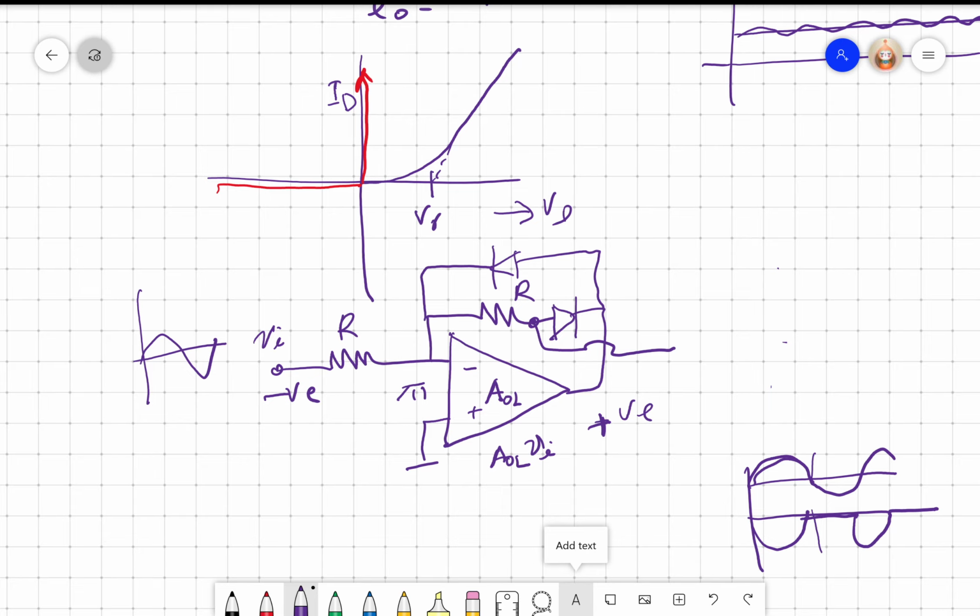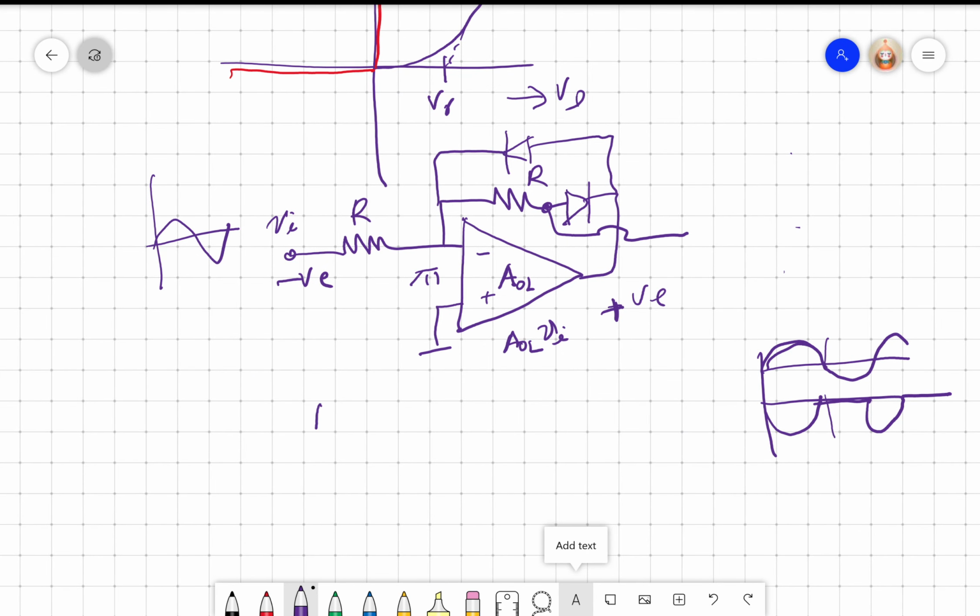So as long as AOL times Vi is greater than V gamma, the diodes will conduct, and I will get a rectified output.